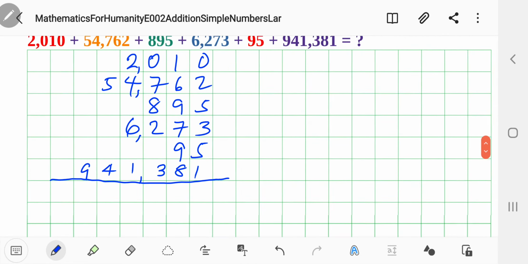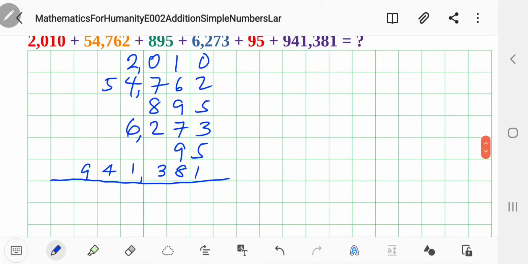Now, what is 0 plus 2? We start here. 0 plus 2 is 2, plus 5 is 7, plus 3 is 10, plus 5 is 15, plus 1 is 16. So you write 6 here and then the 1 in here.